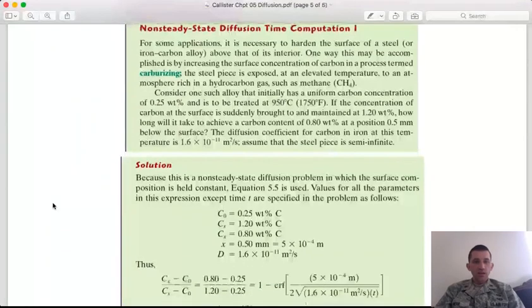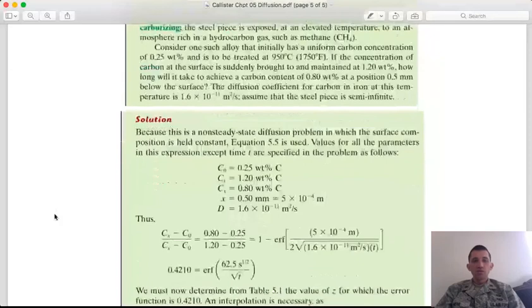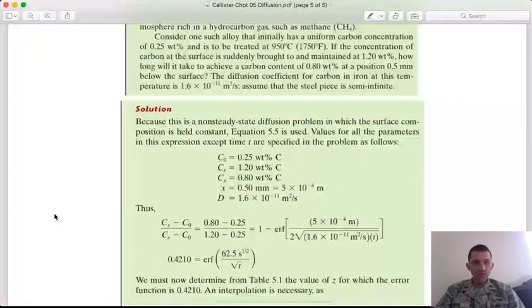And in this case, this is a non-steady state diffusion where we have a constant concentration at the surface and a thick enough part that we can consider it to be semi-infinite. We're never going to diffuse all the way into the interior. And so now we can use the expression that we had earlier in the notes that applies to this scenario.